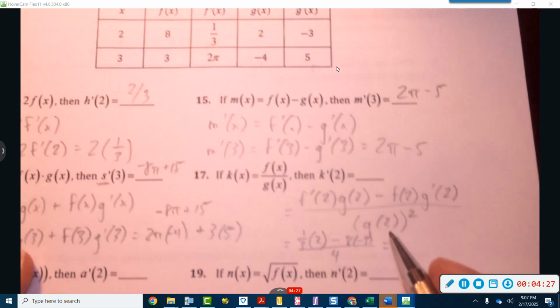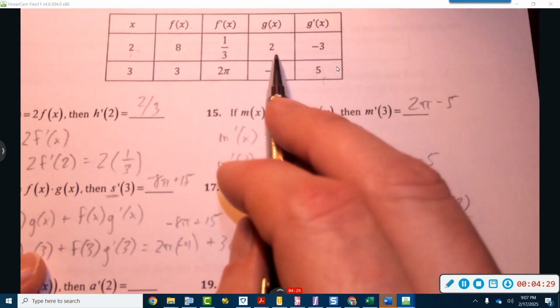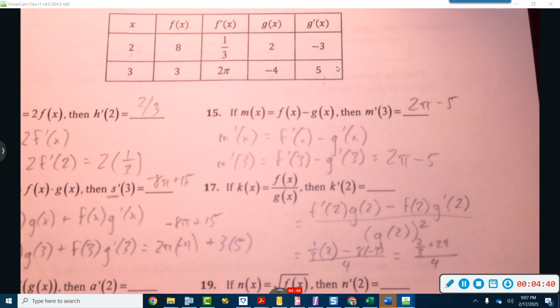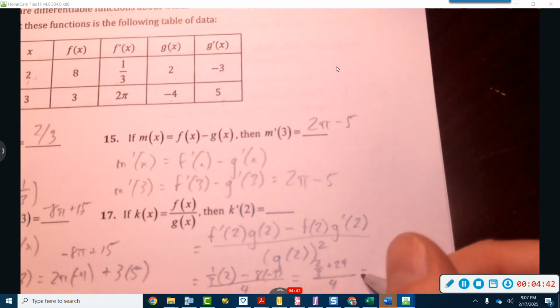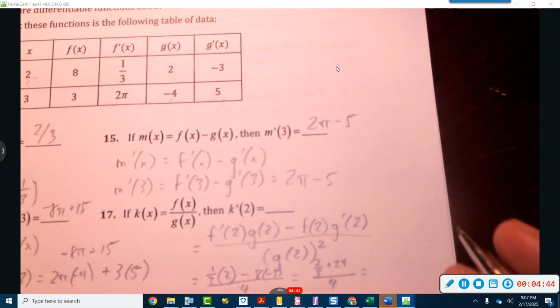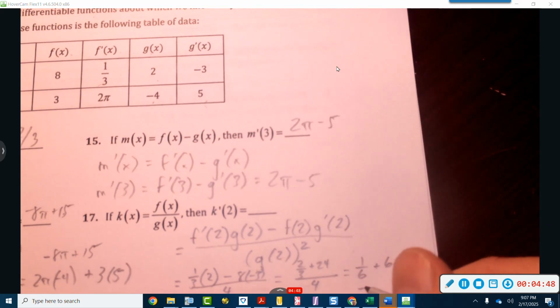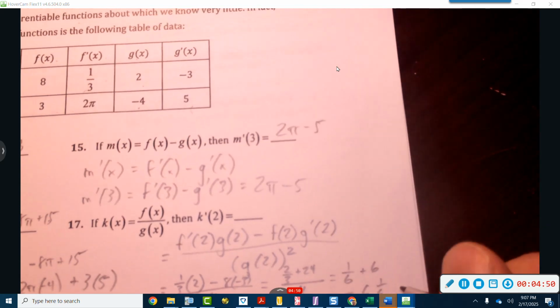So what do we get? We get 2/3 plus 24 over 4. Well, let's see. That's going to be 2 over 12, that's 1/6 plus 6. So that looks like it's 6 1/6, or 37 over 6.